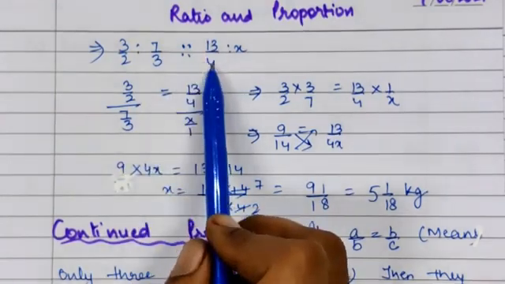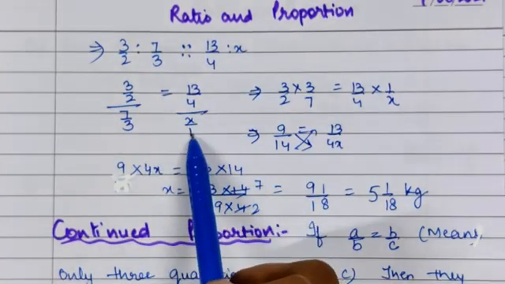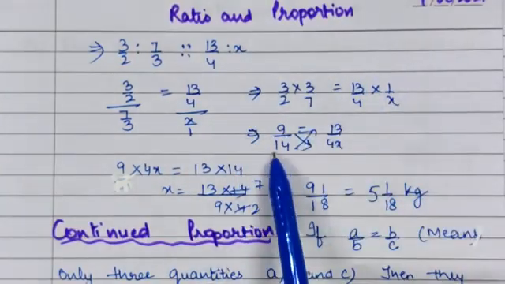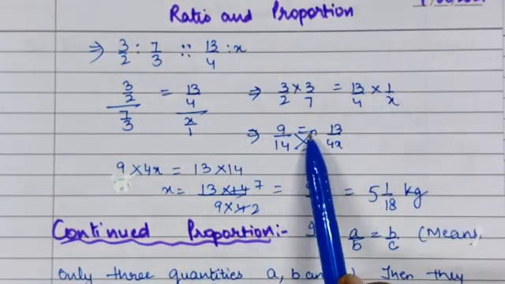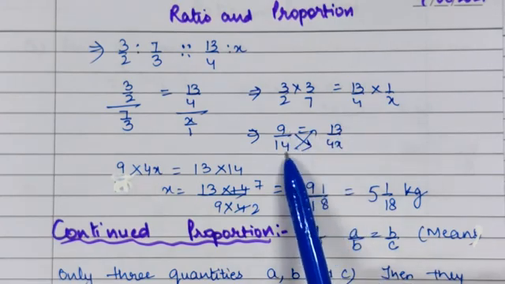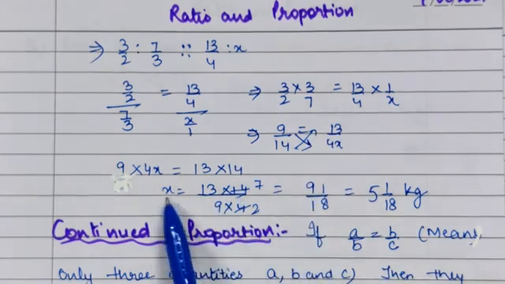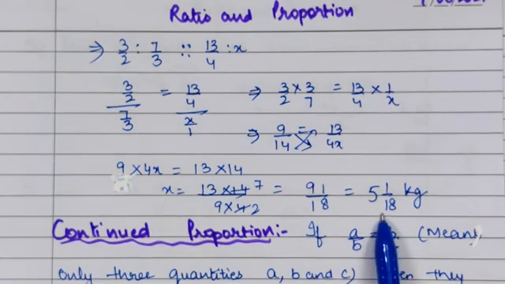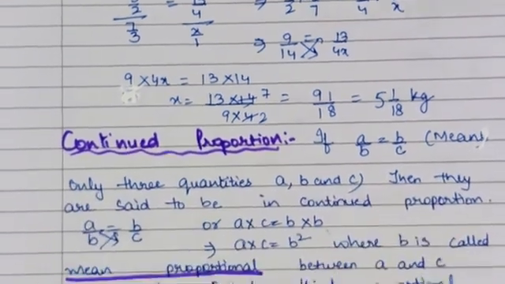This is 13 upon 4 upon x upon 1. So on doing the simplification, we get 9 upon 14 is equal to 13 upon 4x. On doing the cross multiplication, the value of x will be 91 upon 18, which is converted to mixed fraction. We get 5 1 upon 18 kg, because the rest 3 terms were in kg.